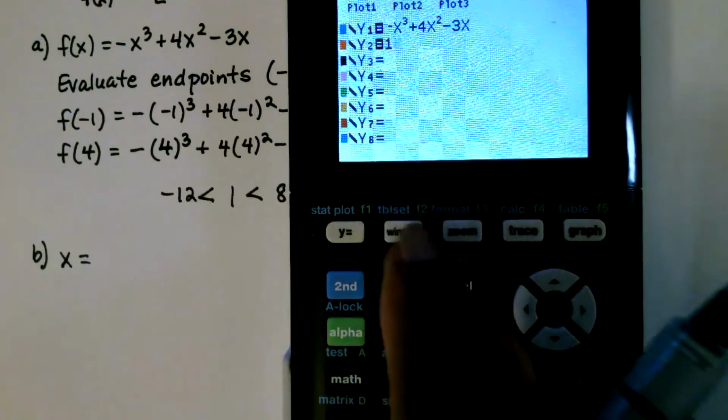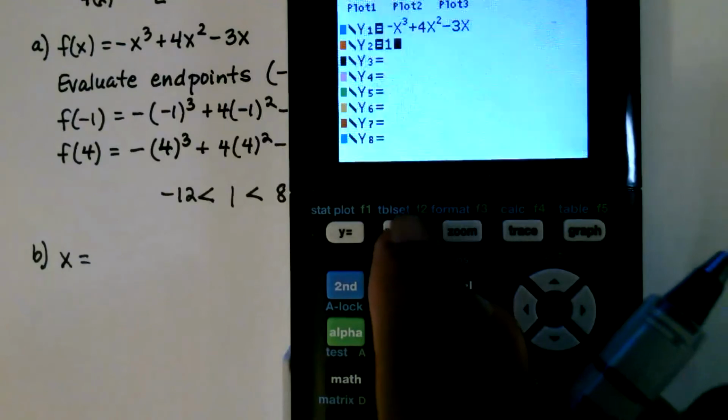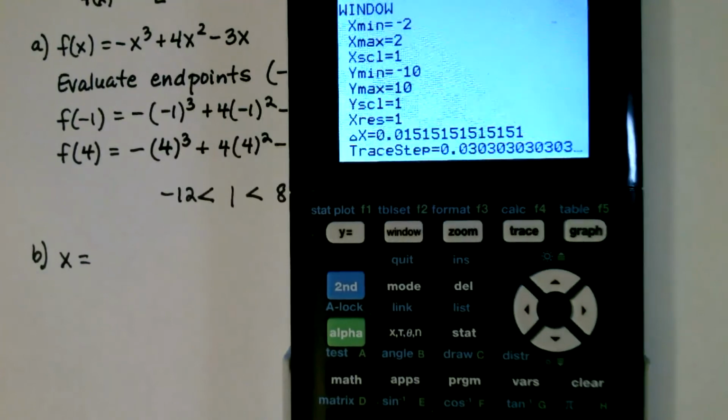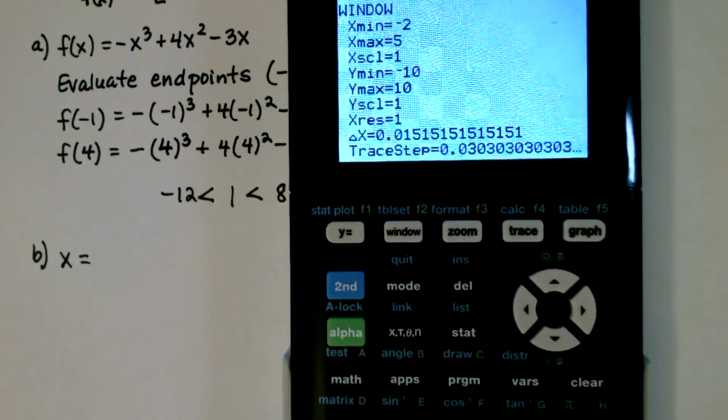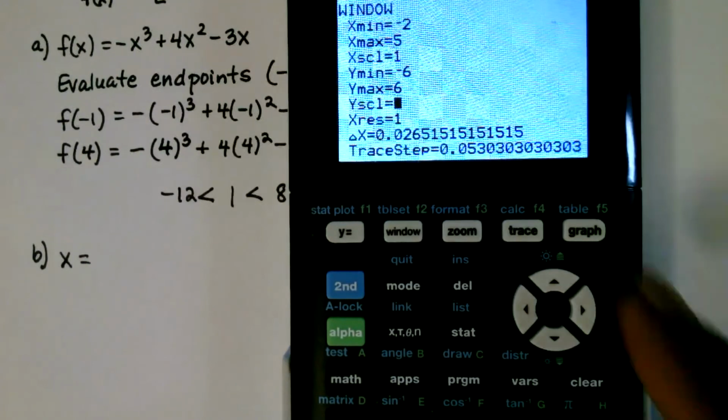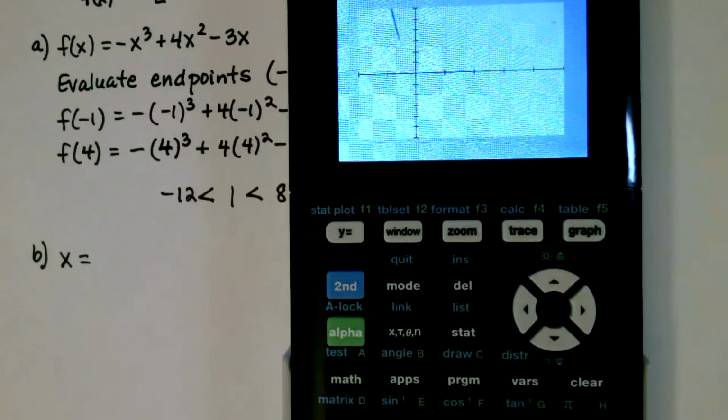Now we're going to press the window key. X min would be from -2 to 5 in increments of 1. Your y min, -6. Y max will be 6. The increment there, the y scale, will be 1. Now I'm going to press graph.